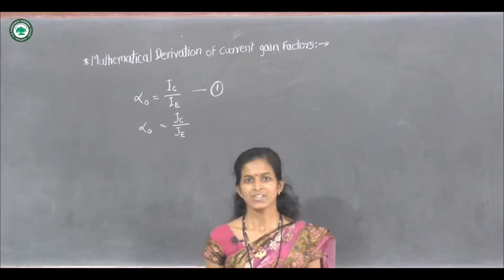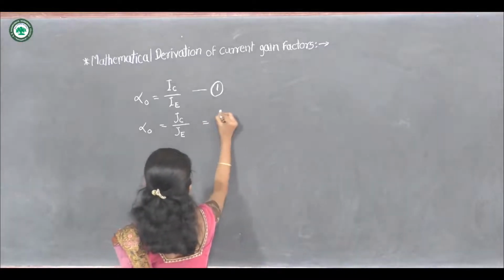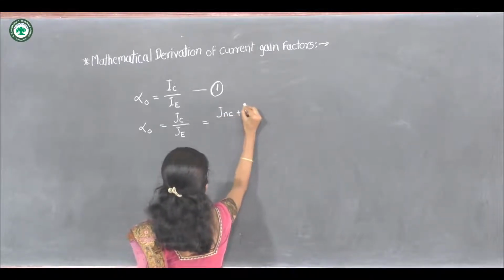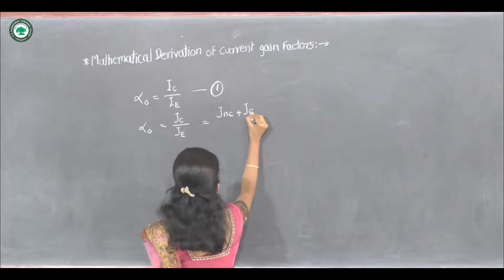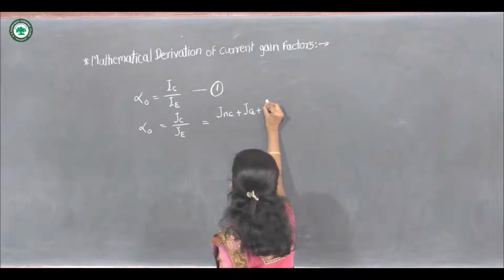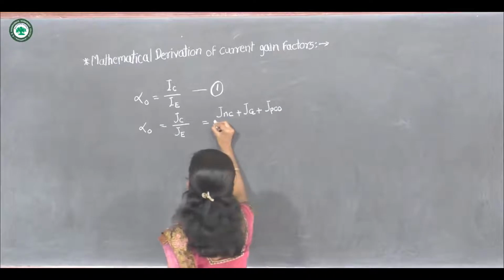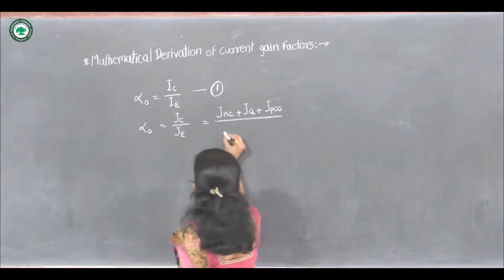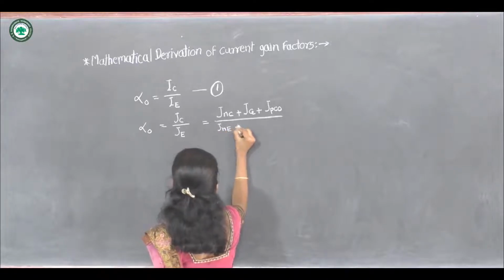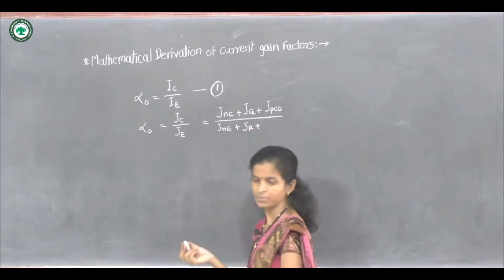But this JC may again be written as JNC plus JG plus JPCO, upon JNE plus JR plus JPE.